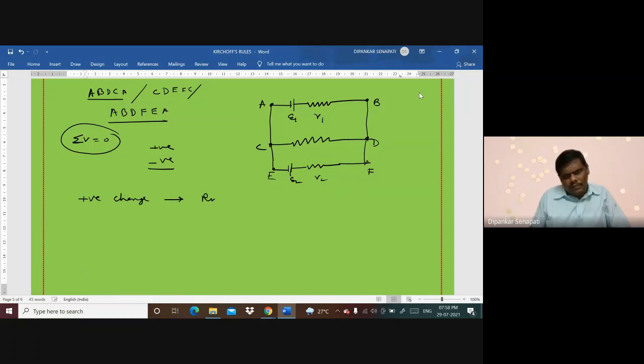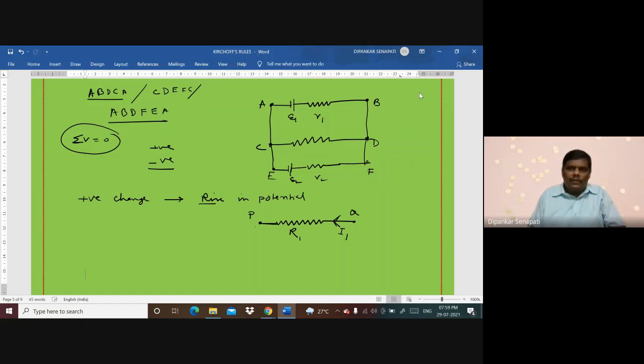Positive change means rise in potential. What is rise in potential? Suppose current is flowing like this, P to Q, and you are calculating potential changes from P to Q. Then from the direction of current, you can conclude that Q is at higher potential.